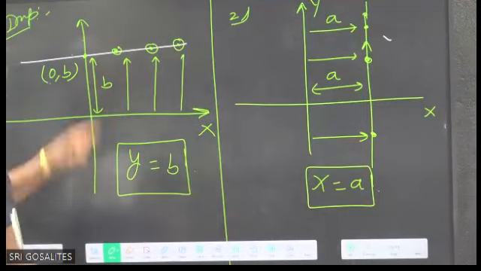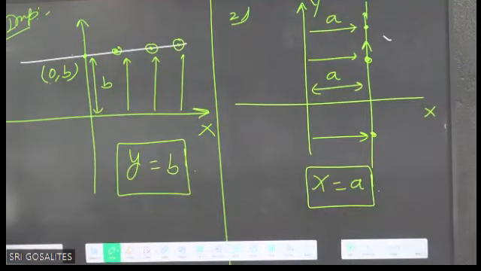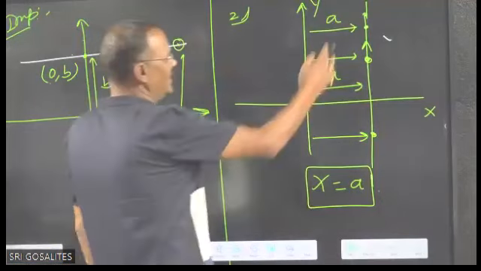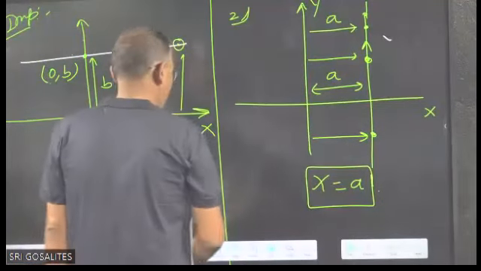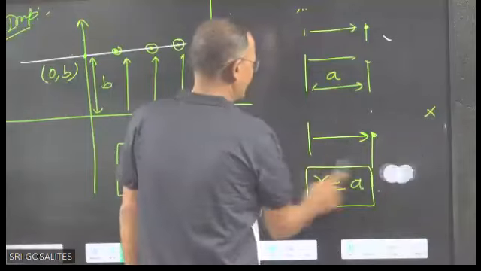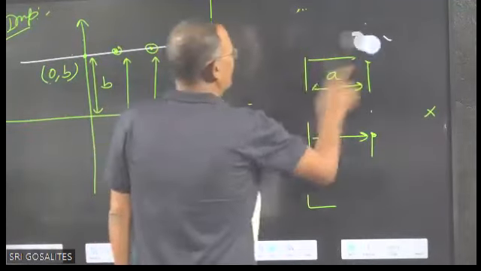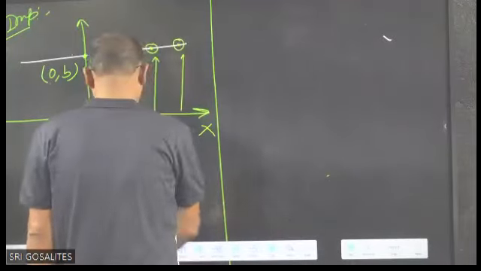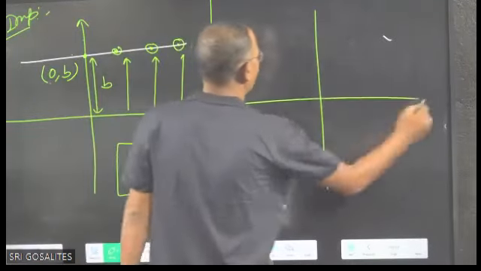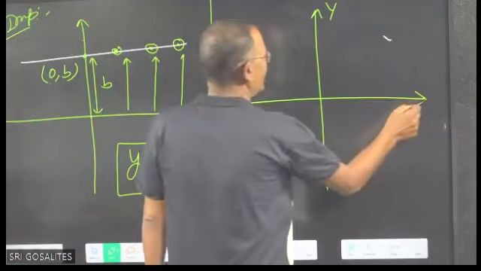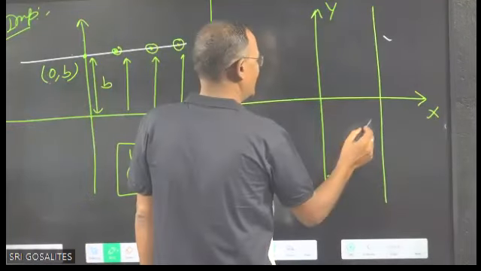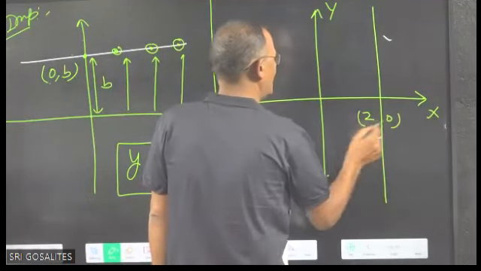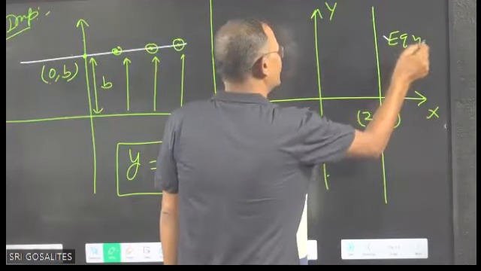Second graph you want me to explain again. Okay. So beta, this is the line parallel to the y-axis. Listen, I explain how the question will come. So the line parallel to the y-axis will have x equal to a. Suppose somebody asked, there is a line passing through (2, 0). What is its equation?